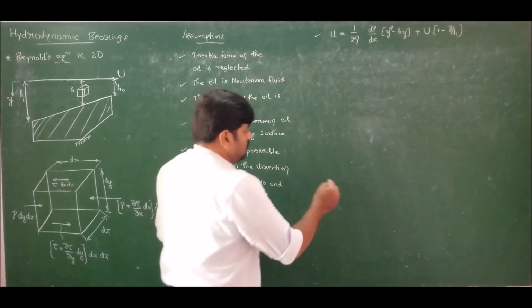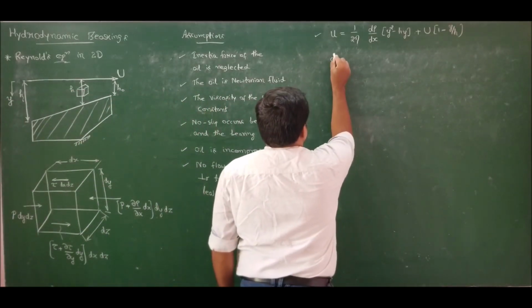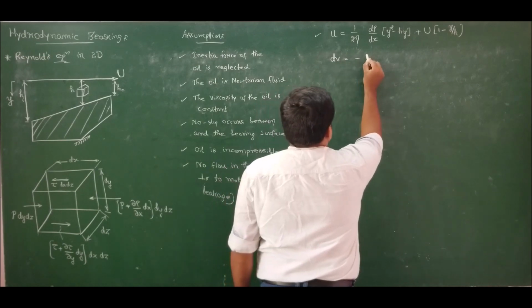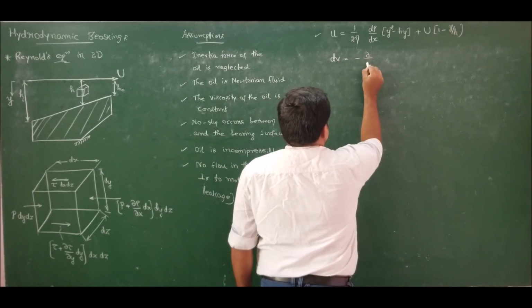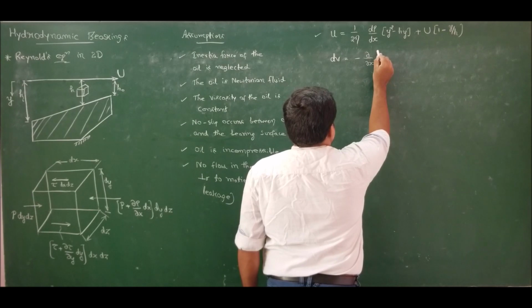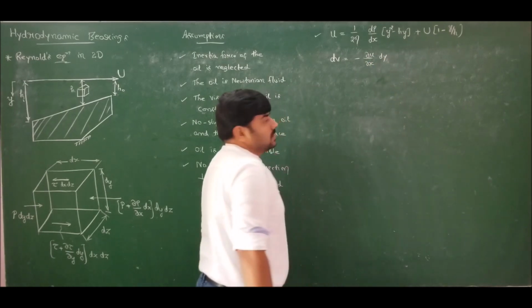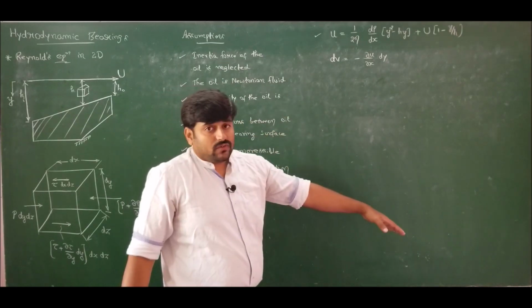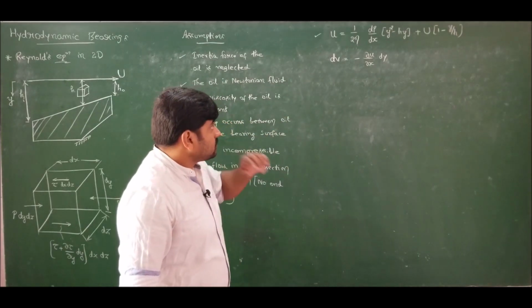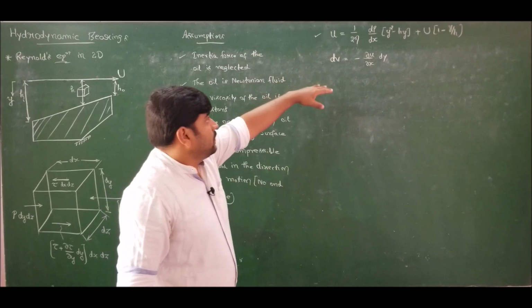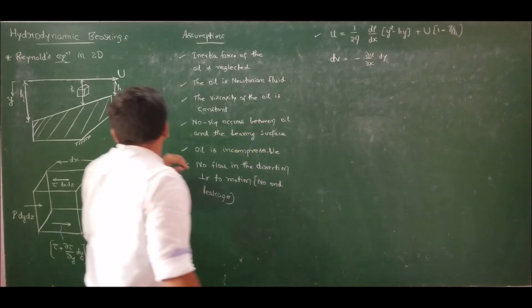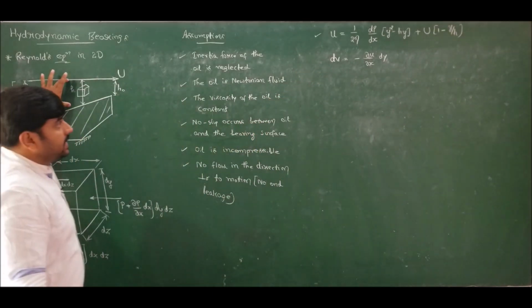We had the equation dv is equal to minus dou by dou x of dou u by dou x dy, which is equation 4 just now derived. Now let us substitute the velocity equation and integrate this over the height h.